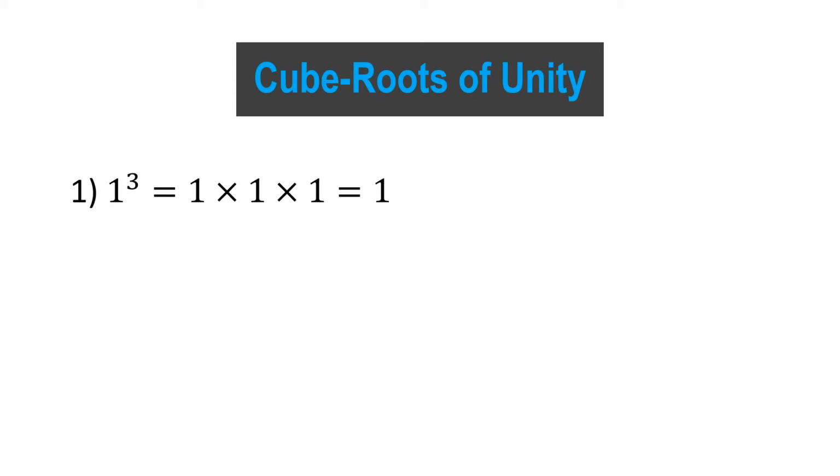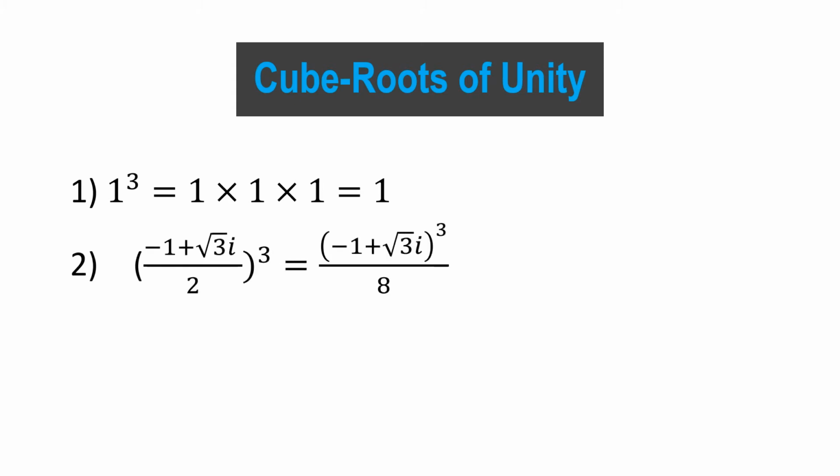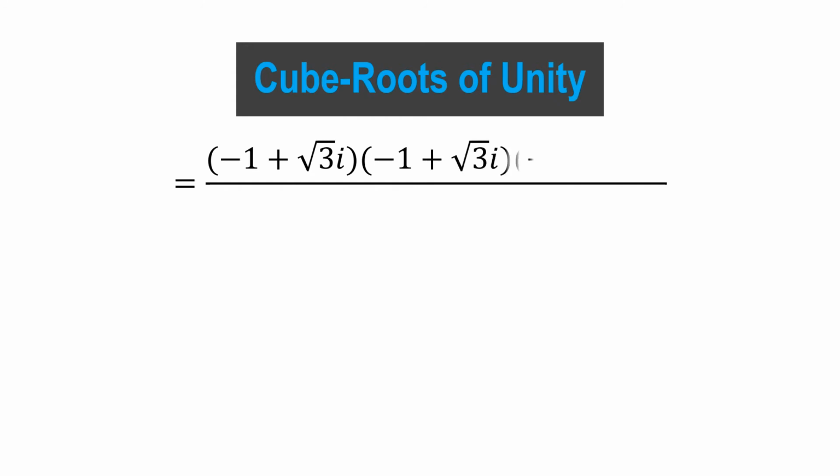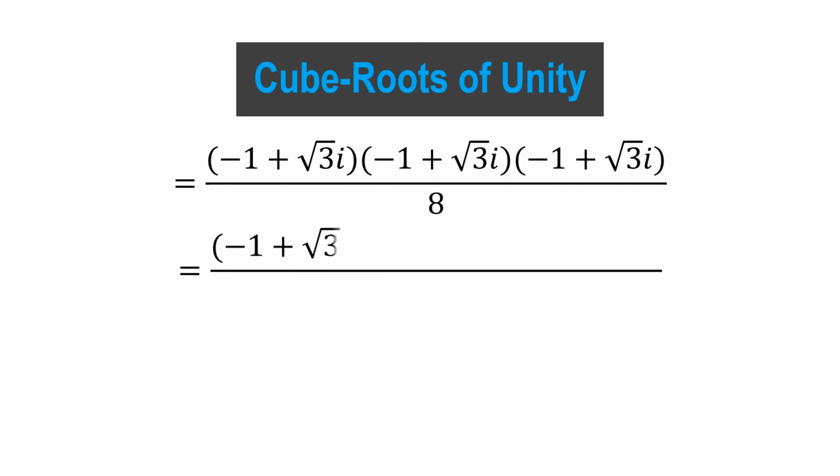Let's check it. Number 1, 1 cubed is equal to 1 times 1 times 1 and that is equal to 1. Number 2, cube of negative 1 plus square root of 3 iota whole divided by 2 is equal to cube of negative 1 plus square root of 3 iota whole divided by 8.